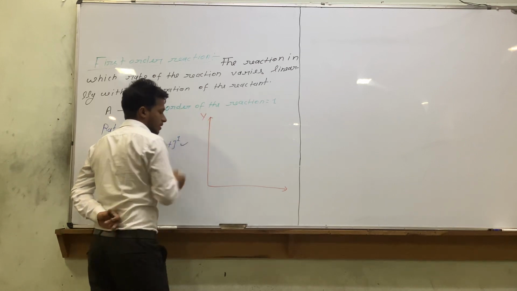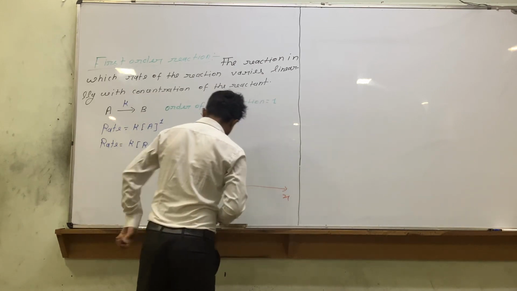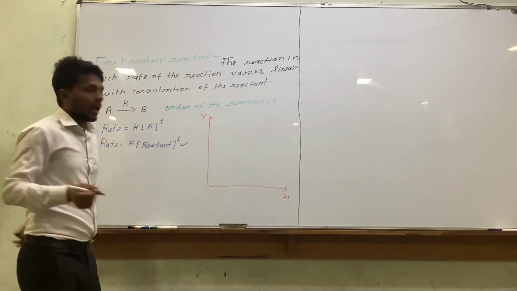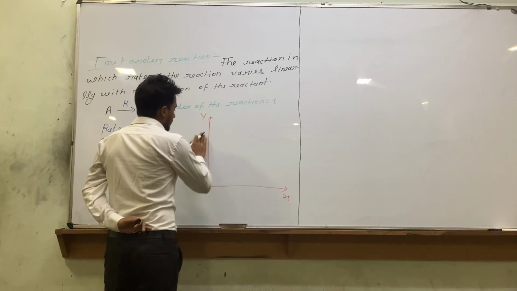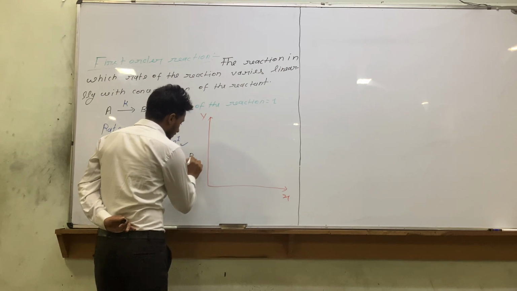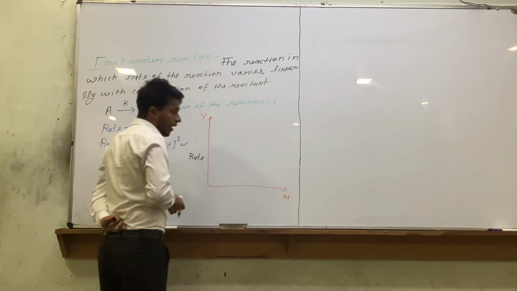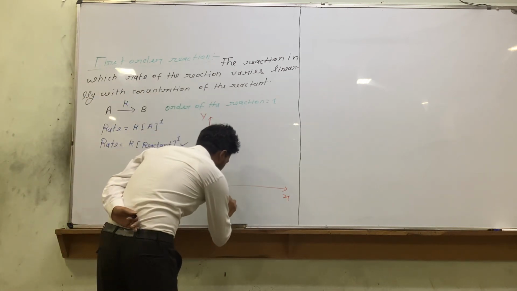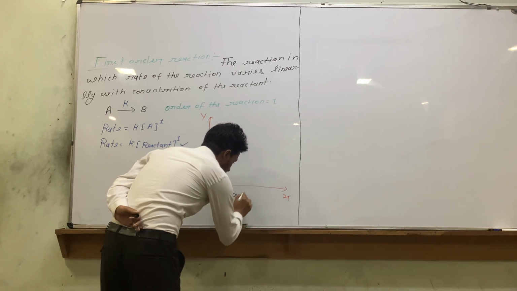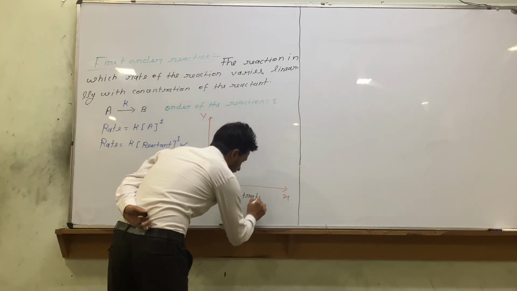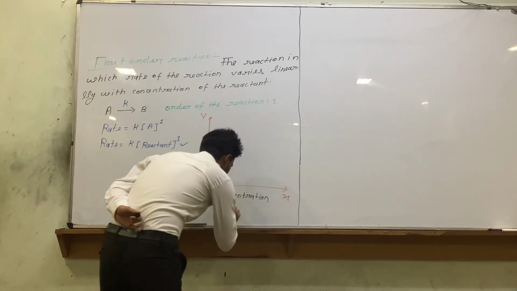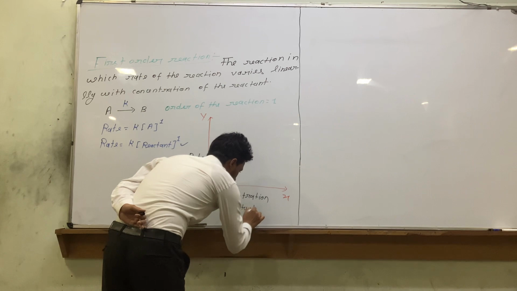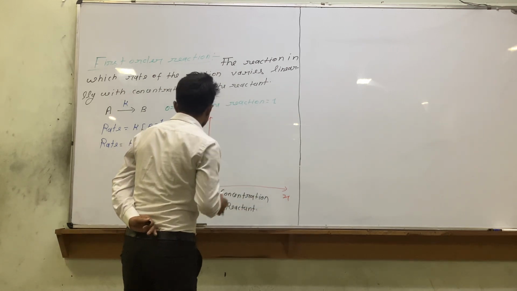This is the y-axis and this is the x-axis. Along the y-axis I am plotting rate of the reaction, and along the x-axis I am going to plot concentration of reactant.